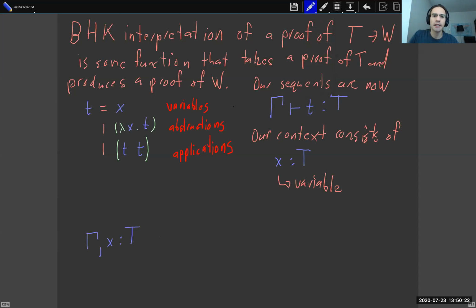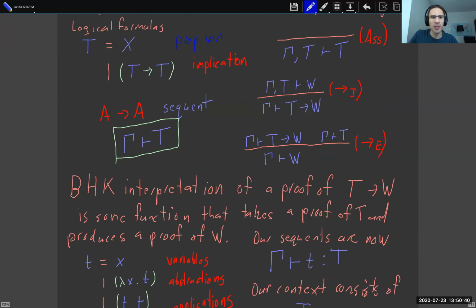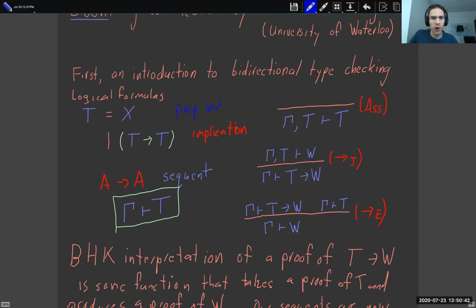Oh, and I'd also want to say another thing. So these are called terms. And in the light of the BHK interpretation, and some things that I suggested before, instead of calling these logical formulas, we can also call these types.